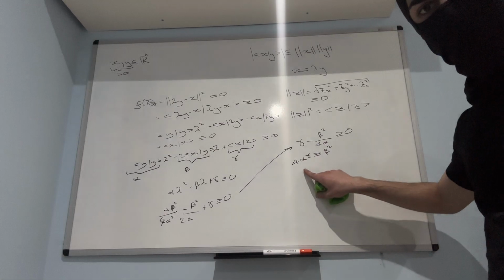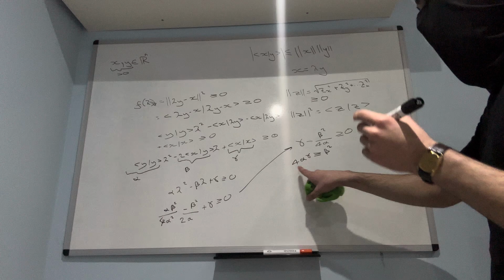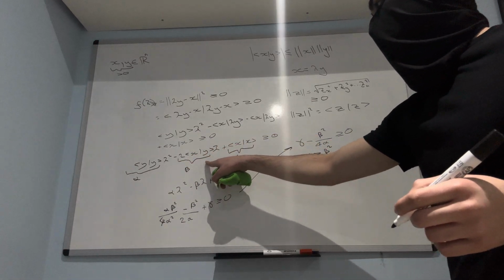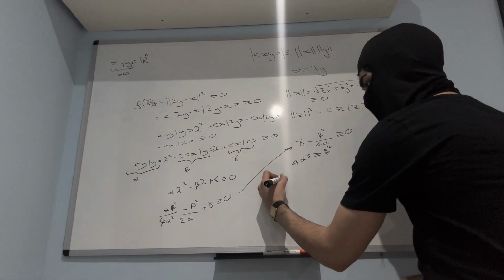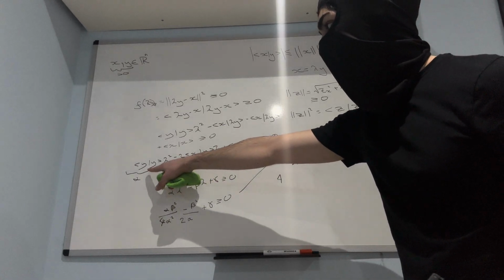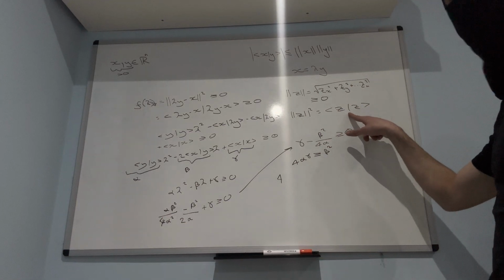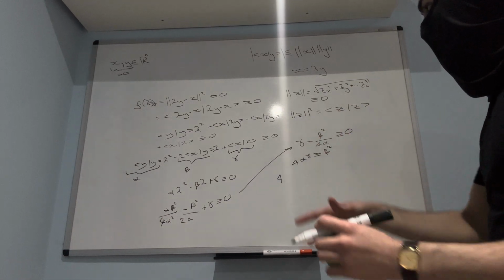Right, so now we're at this form. We can substitute in these values. We get 4 times alpha, which is the inner product of y with itself. Remember, the inner product of a vector with itself is just the norm squared.